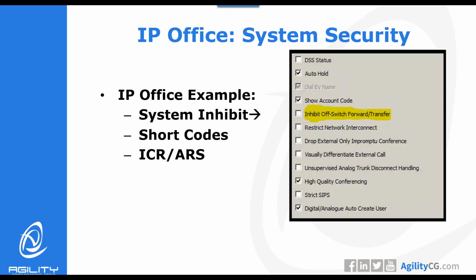There's also a couple other items here. Short codes are basically a string of characters that we can configure and customize to perform a variety of features, and several of those features are security-based. They are call handling based, so we can manage and customize what happens to specific phone numbers and specific businesses when they call into your system.